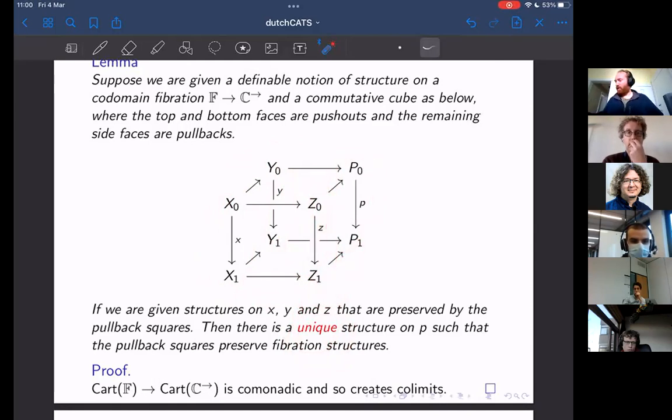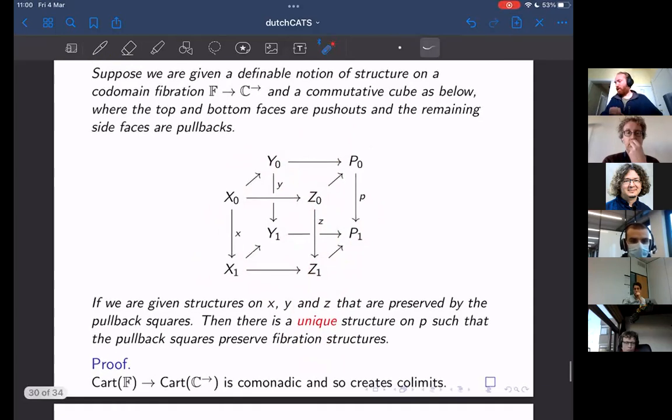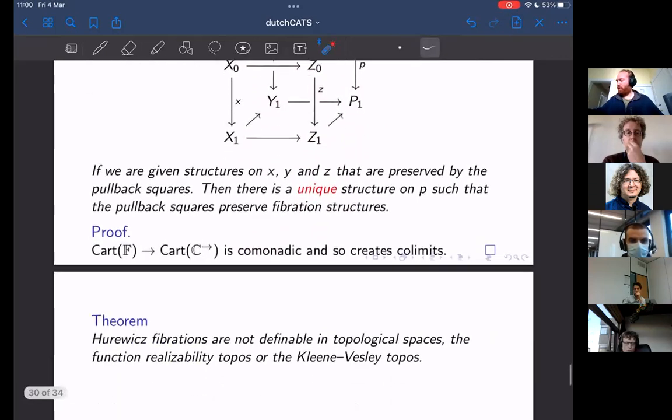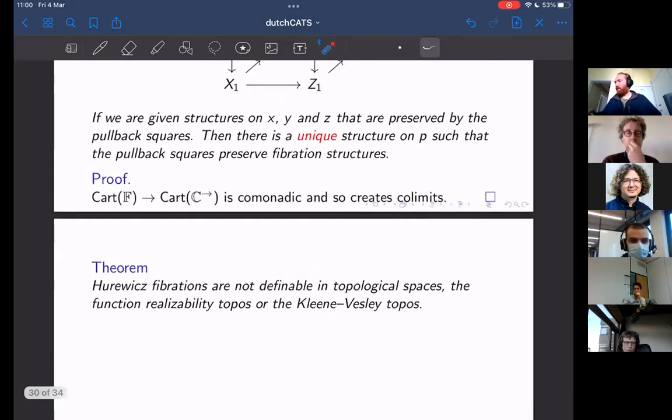So this uniqueness is key, and it's just a corollary of comonadicity. It's just classic category theory.